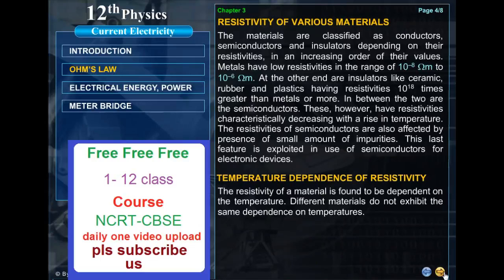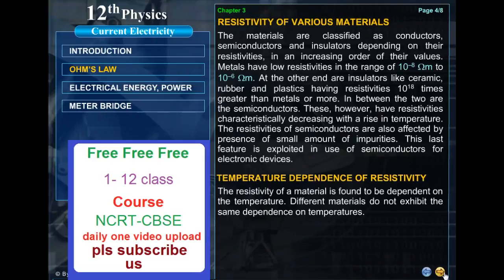At the other end are insulators like ceramic, rubber, and plastics having resistivities 10 to the power 18 times greater than metals or more. In between the two are the semiconductors.